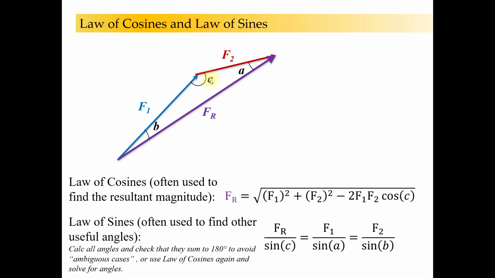So the way you can work around that is there's two ways. One is you could, instead of using the law of sines, use the law of cosines, but instead of f sub r, have it one of the other sides, right? If you wanted to find this angle B, you could use f sub 2 over here, and then you would have f sub r squared plus f sub 1 squared minus 2 times f sub r times f sub 1 times the cosine of B. This works, remember the law of cosines works for any of the sides.